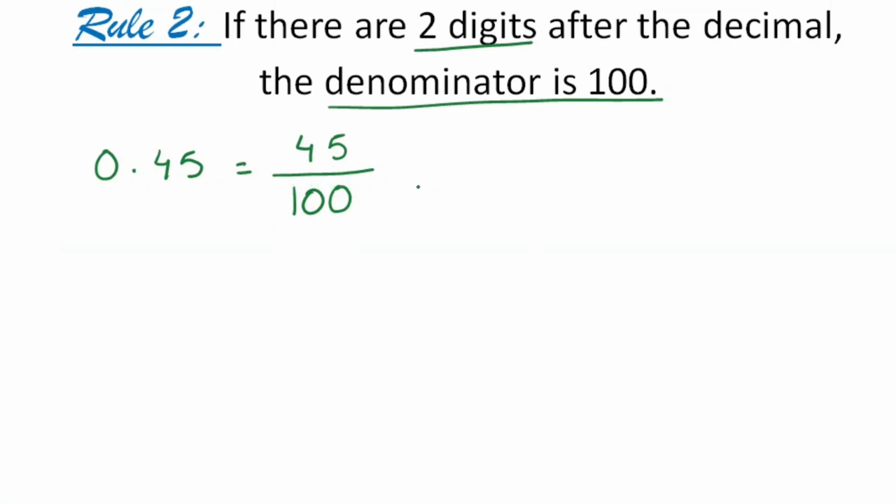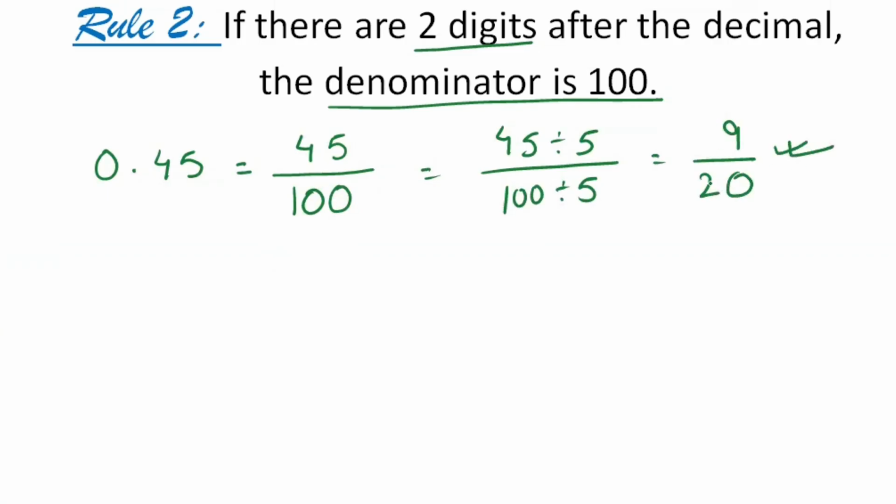Both will be divided by 5. So 45 divided by 5 and 100 will also be divided by 5. We will get 9 over 20. This is the final answer. So 0.45 is equal to 9 over 20 in fraction form.